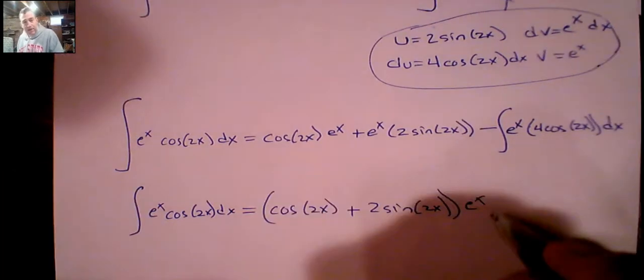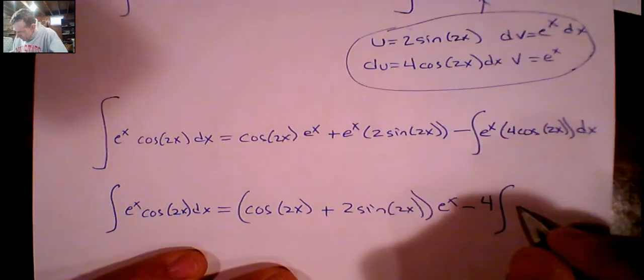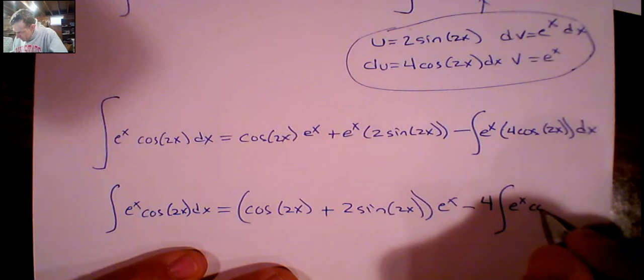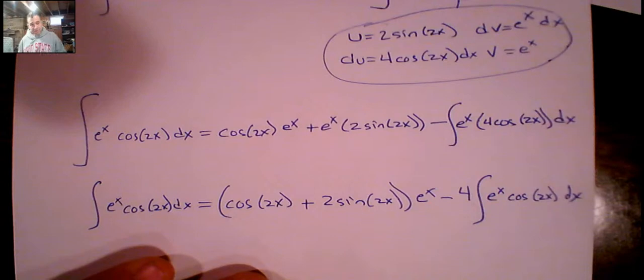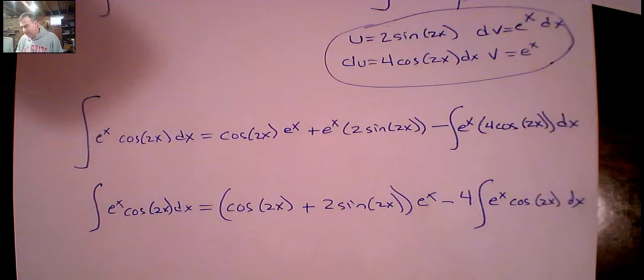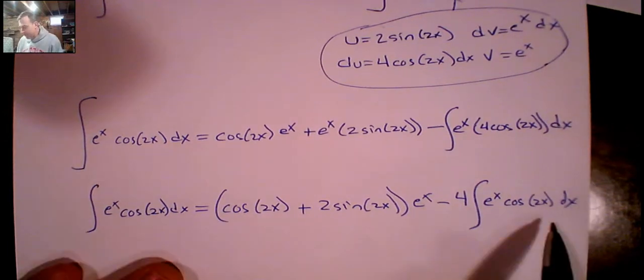Factor out e to the x. And notice what you've got here. What we have here after doing integration by parts twice is we're back where we started from.